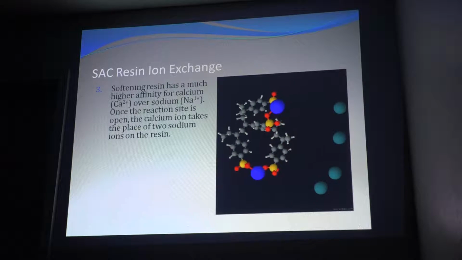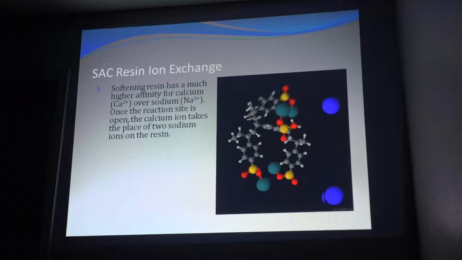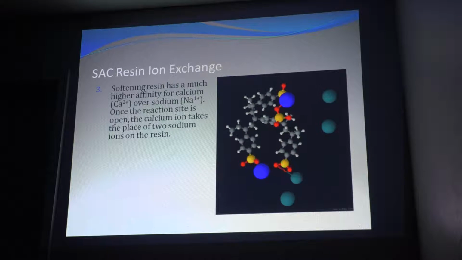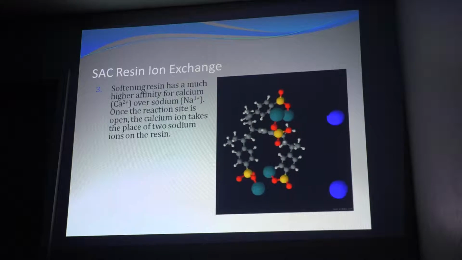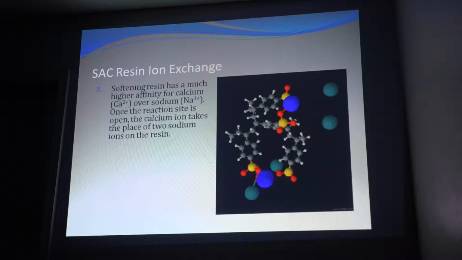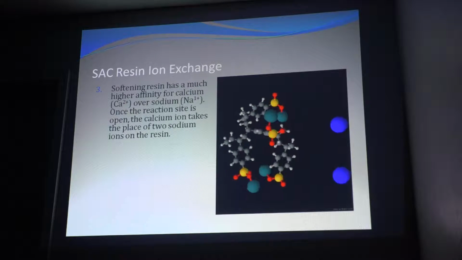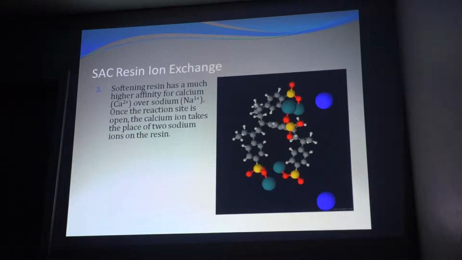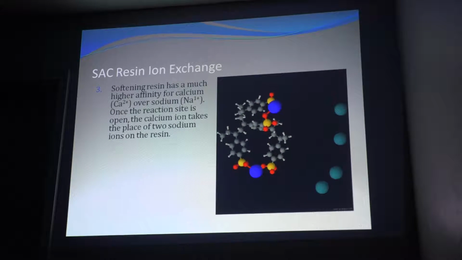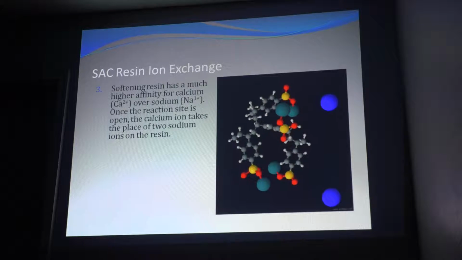So when we regenerate a softener, we need to run a saturated brine in a concentrated form through the resin and bombard each resin bead with sodium, so that resin can actually let go of that calcium and cling on to sodium ions.